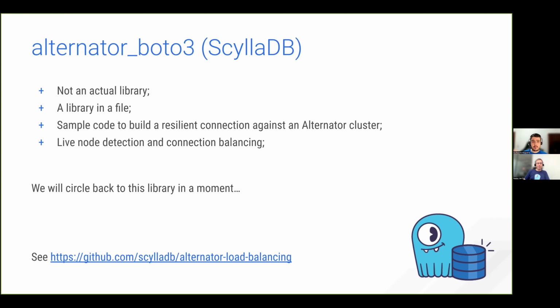It also has background live node detection, so it updates the list of live nodes while the application is running, so there's a thread there, and has connection balancing, so it will send requests to different nodes at every request attempt to make sure that not a single node in your cluster gets all the requests. We will circle back to this library in a moment. The code for this library is also available on the GitHub link, and it should be in the chat, and we'll also be sending it to you by email afterwards.